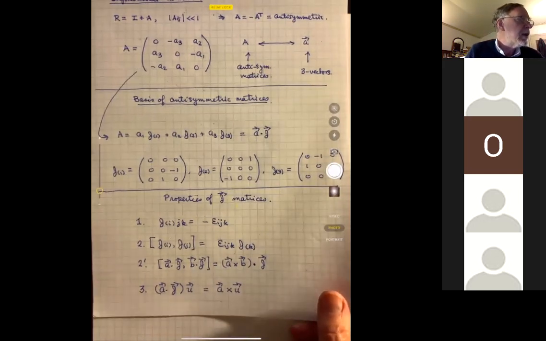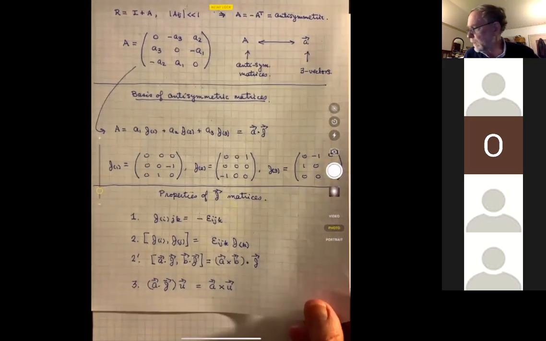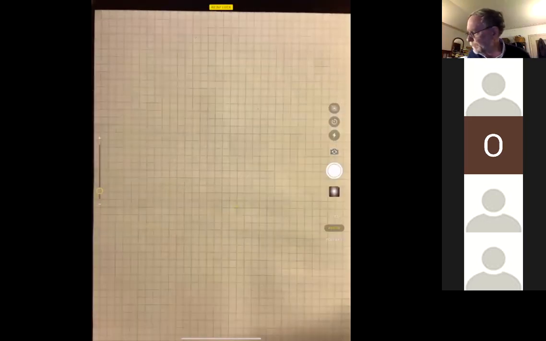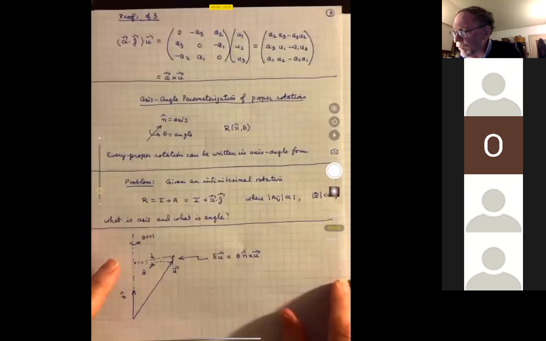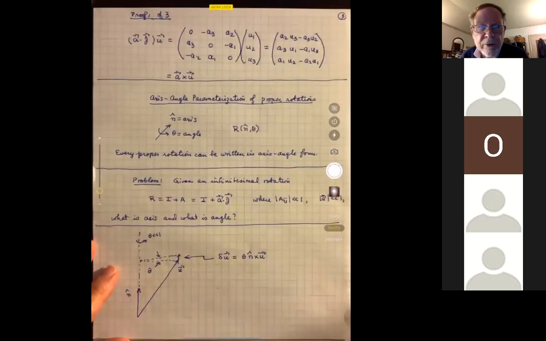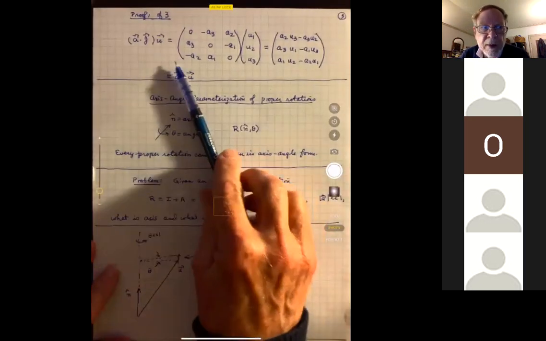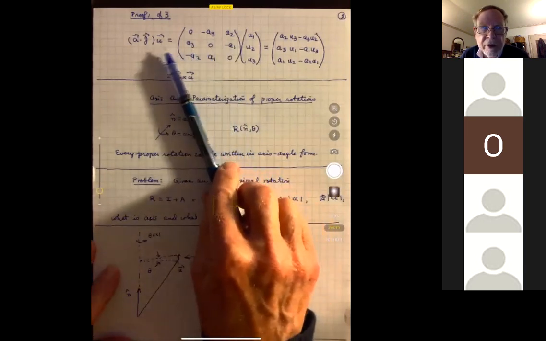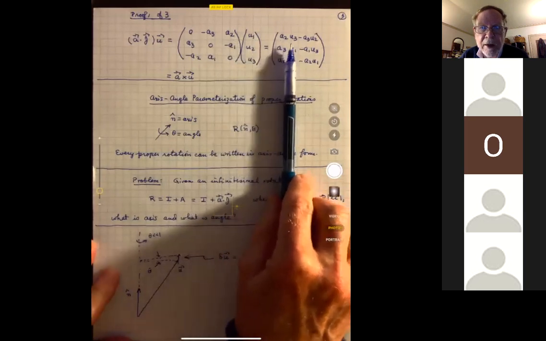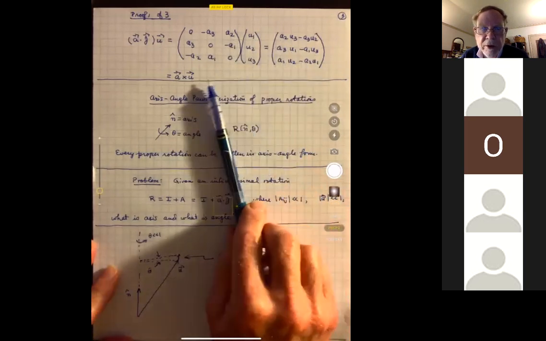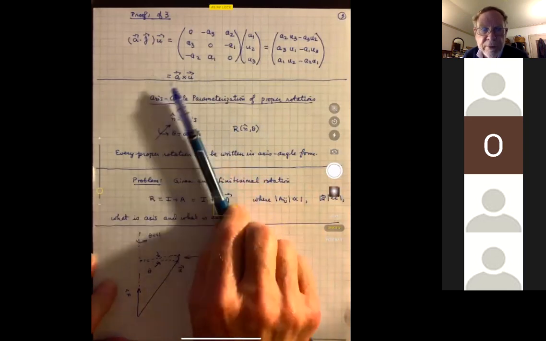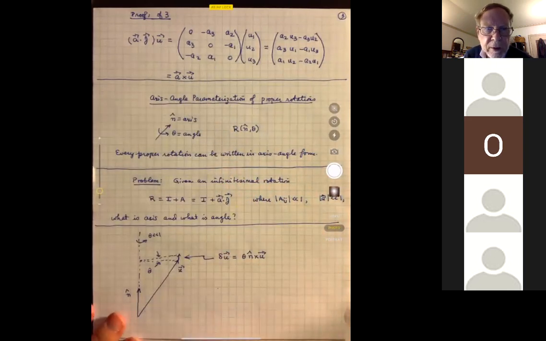The proof of that property, number 3, is obtained just by writing out A dot J as a full 3 by 3 matrix and writing out vector U with its 3 components and then just multiplying them out. And if you do that, you'll see it's equal to A cross U. This is a straightforward proof of that identity. You can do it other ways too.